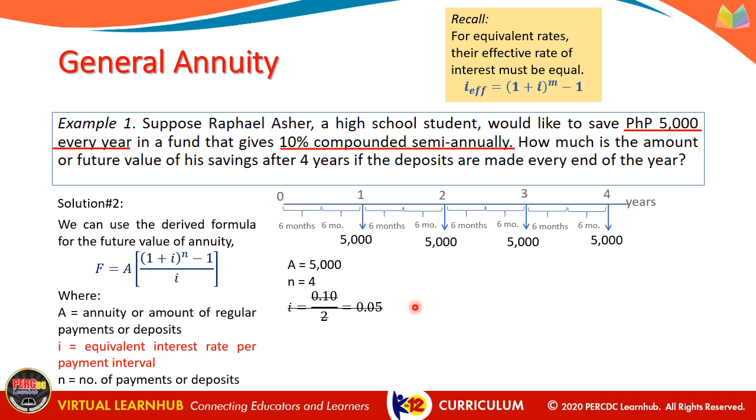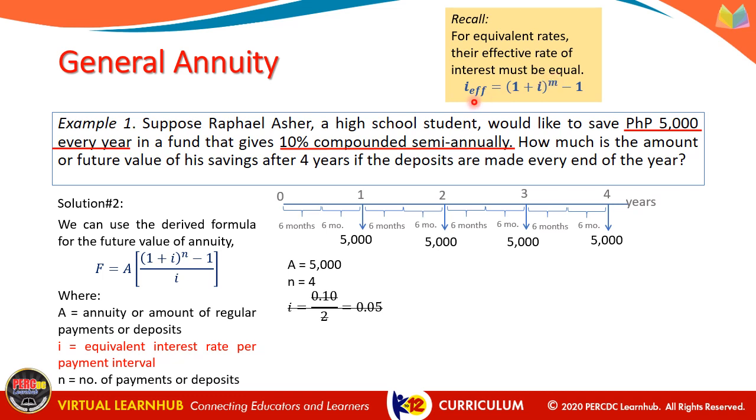We need to compute for the equivalent annual interest. Okay, I is the equivalent interest rate per payment interval. The payments or deposits are done every year, so we need to compute for the equivalent annual interest. For us to do that, we should recall that for equivalent rates, their effective rate of interest must be equal.